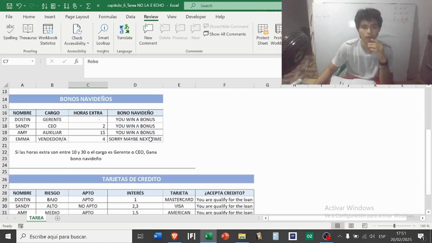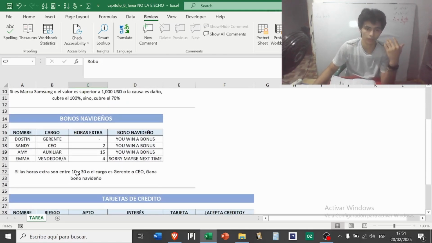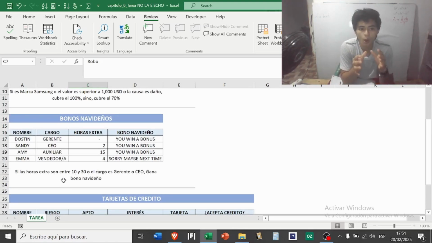So let's get going with the other homework. The question is: if the overtime hours are between 10 and 30, or the charge is a manager or a CEO, you will receive a Christmas bonus.